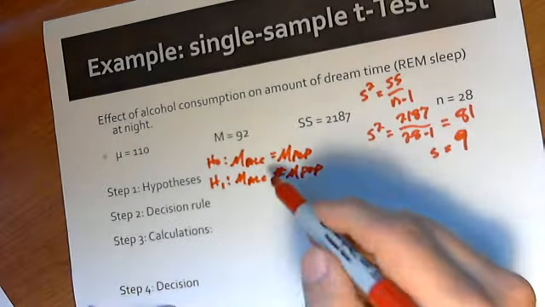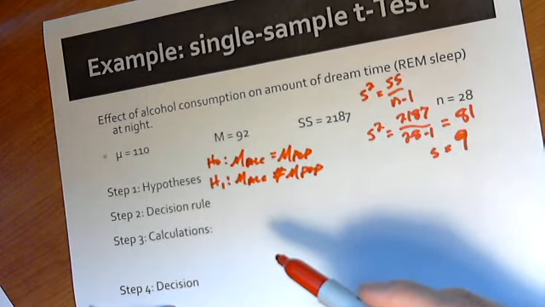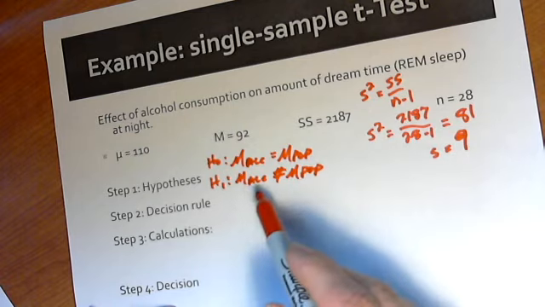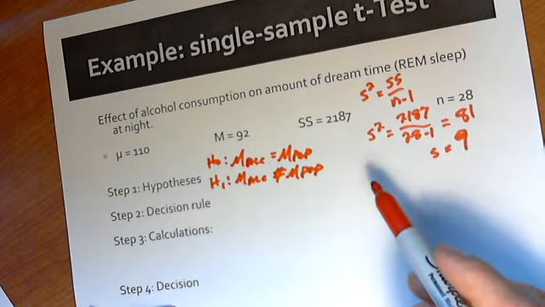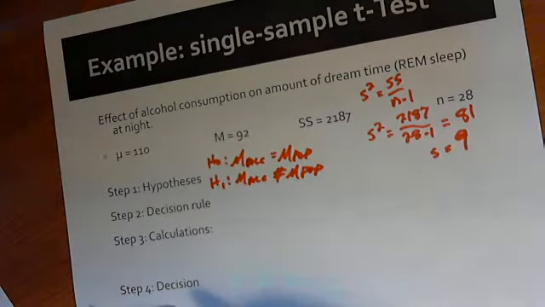Okay? So just by virtue of how I've written out my hypotheses here, we have a two-tailed test. So we're saying that it could be that they're getting more REM sleep, or it could be that they're getting significantly less REM sleep.